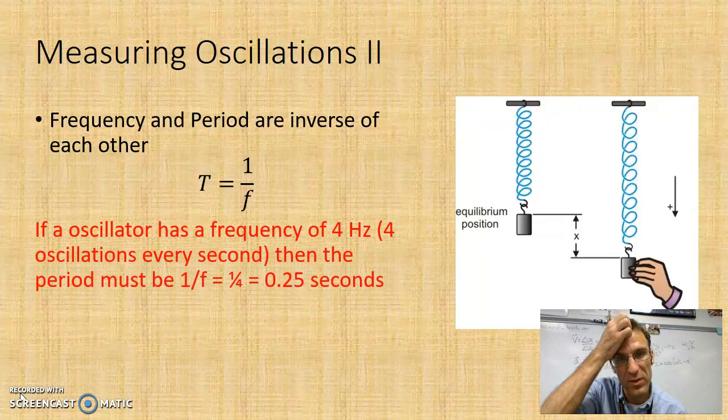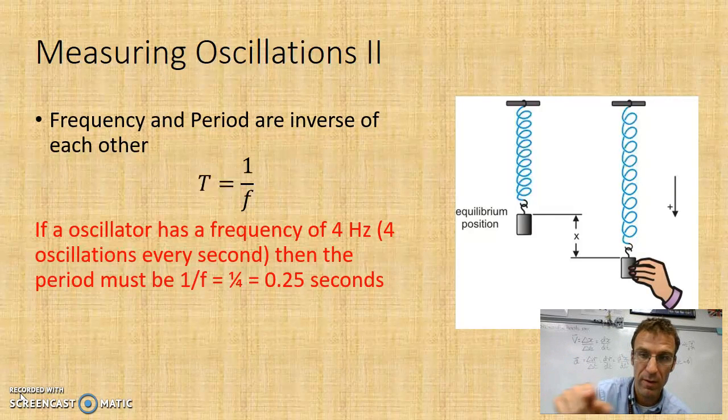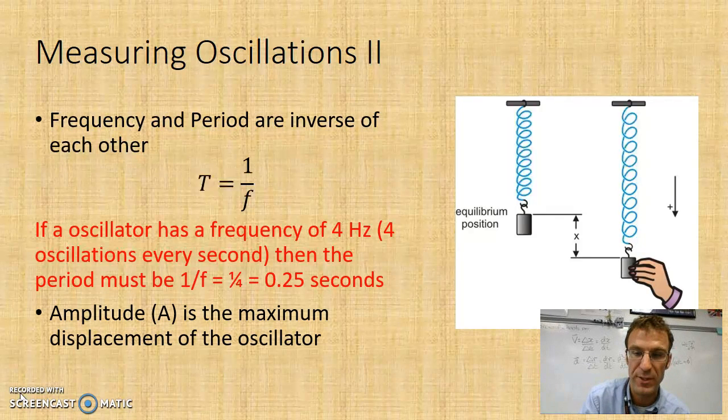But think of it: if an oscillator has a frequency of 4 hertz, that means there are 4 oscillations every second, then that must mean that every oscillation has a period of going there and back of 1/4 of a second, or 0.25 seconds, right? Same, pick another number, 3 hertz, then that means 3 oscillations in 1 second. That means each oscillation is 1/3 of a second. So it makes sense that they're inverse of each other.